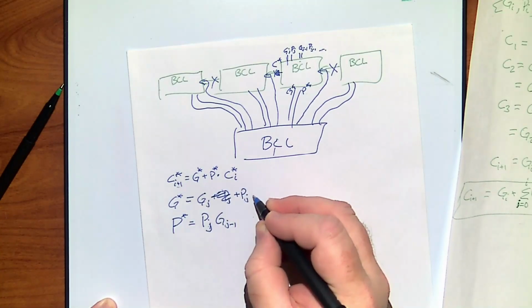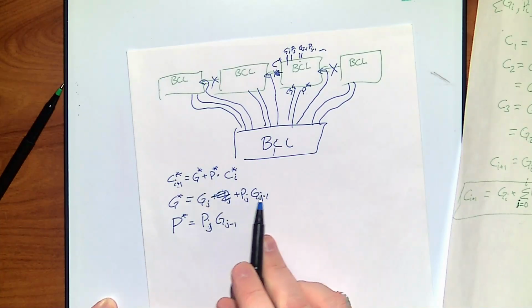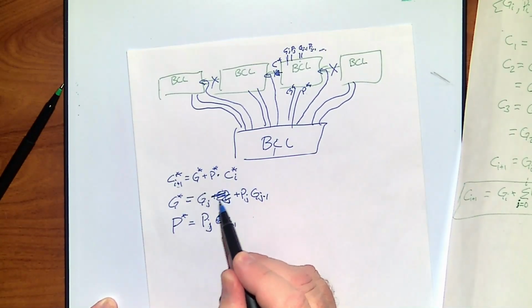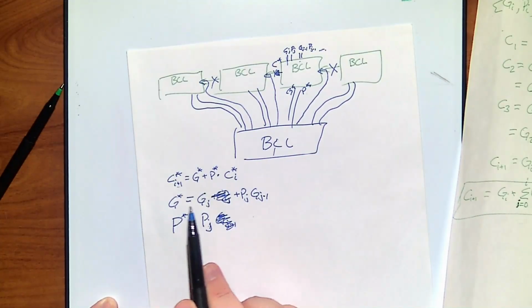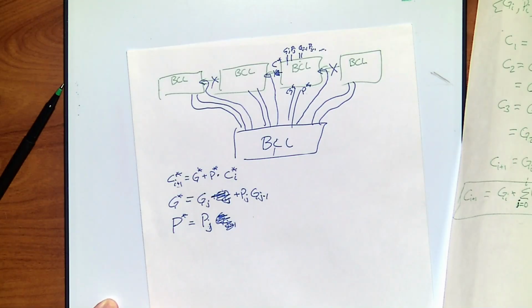If I had PJ and GJ, would that still generate? Yeah, it would generate a carry. So I shouldn't have put that there. I was right the first time writing it here. So this will generate if I have PJ and G, J minus one: my last stage will propagate and the previous stage generates. Will you get a generate?